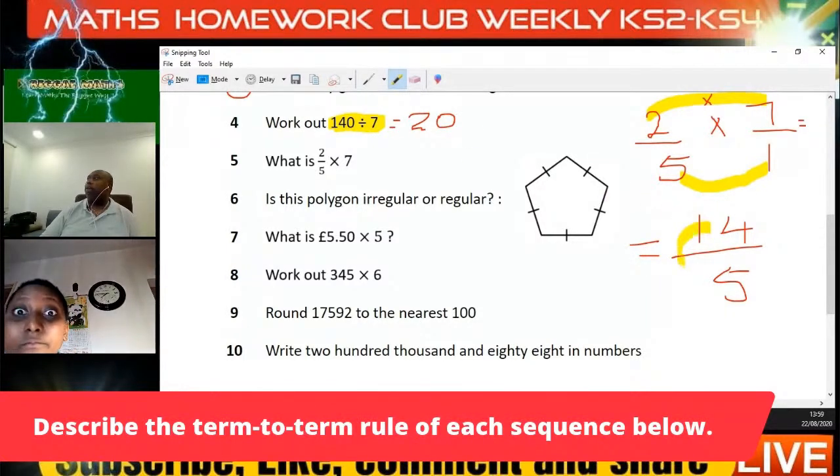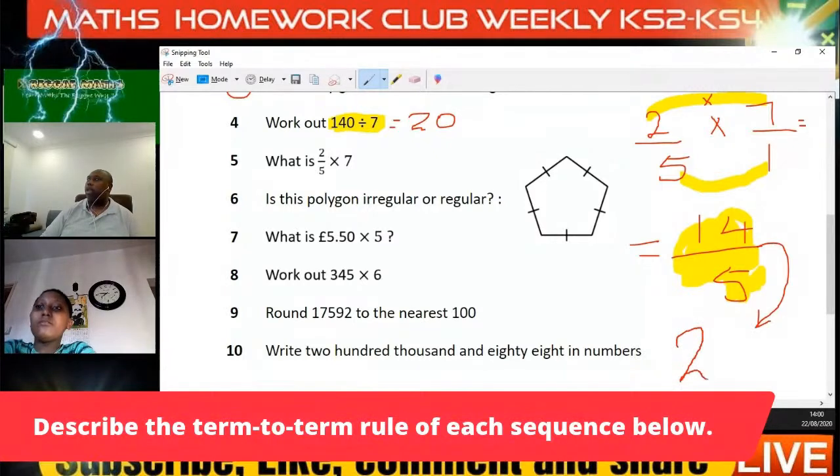Now we need to turn that into a mixed number. And to turn that into a mixed number, you're going to say 5 into 14 goes 2 times. 2 times 5 is 10. So you're left with 4. So it's 4/5. 2 and 4/5 is the answer.